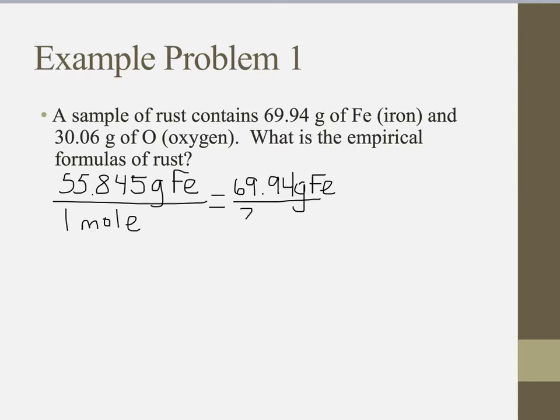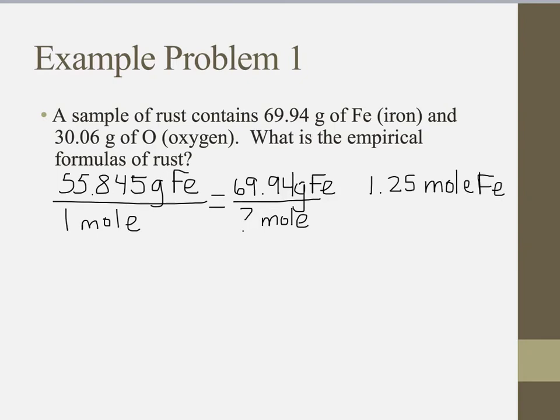And we want to figure out how many moles of iron we have. So if you do some cross multiplication here, 69.94 times 1 equals 55.845x. I'm going to divide both sides by 55.845, which means I'll be taking 69.94 divided by 55.845, and I got 1.25 moles of iron.